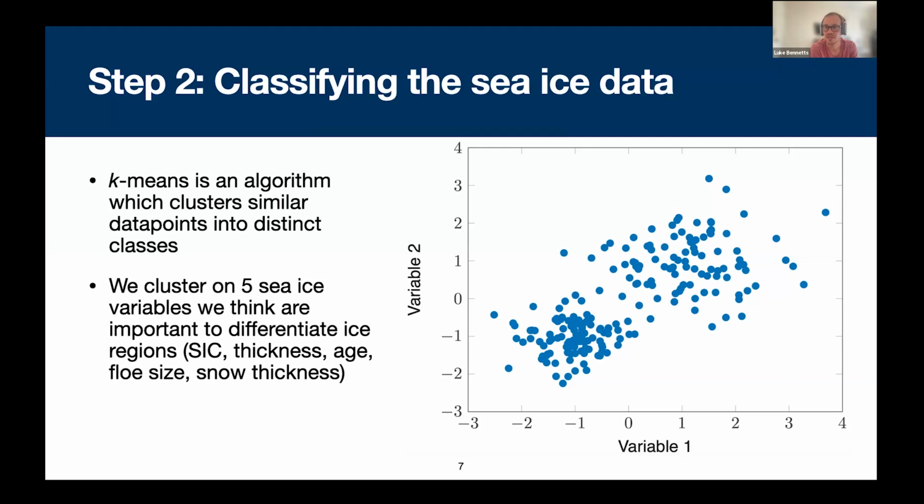So those are the sea ice concentration, the ice thickness, the ice age, floe size, and the snow thickness. We made the decision about those 5 variables long enough ago that I can't remember exactly why we decided on them. We definitely did some experiments.